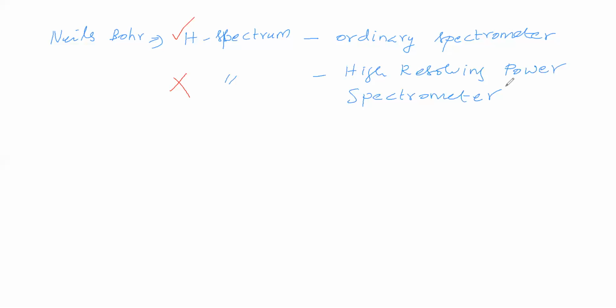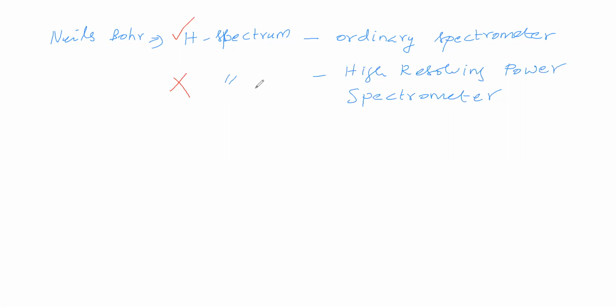What is a high resolving power spectrometer? Here a prism will be there, and here also a prism will be there. This prism has higher resolving power compared to that prism. It is able to detect even small variations in wavelength.